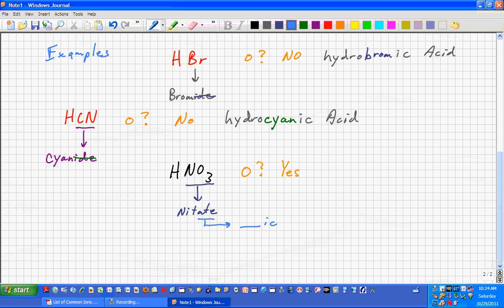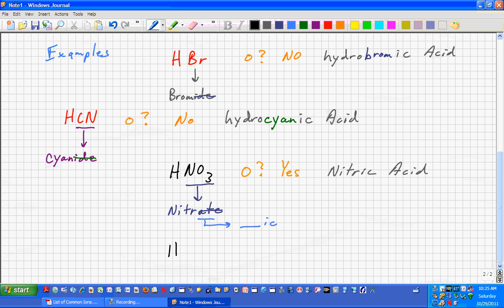So my blank, again, it helps if you spell it right. That was the nitrate ion. Again, getting rid of the ATE. So I get nitric acid.